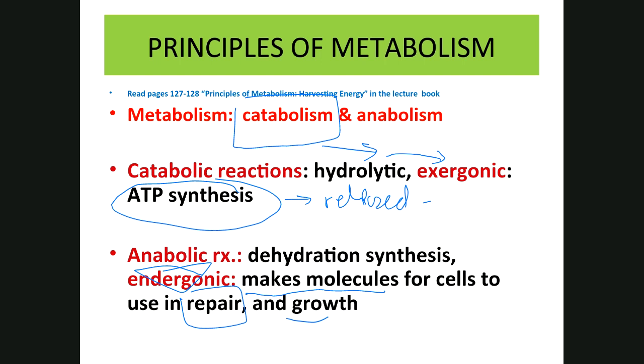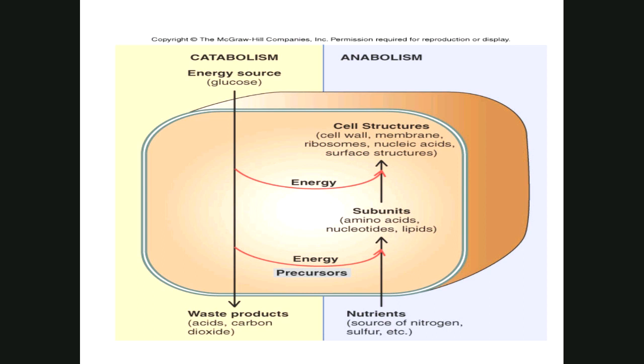Catabolic reactions provide the energy that anabolic reactions need. And this is the picture that tries to explain the relationship between catabolism and anabolism. Catabolic reactions are going to take in molecules like glucose, and they're going to break them up. And in the process, two things are released.